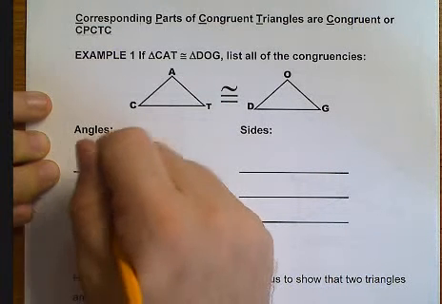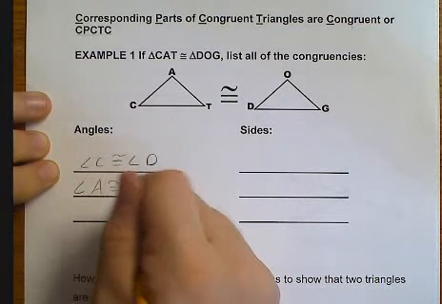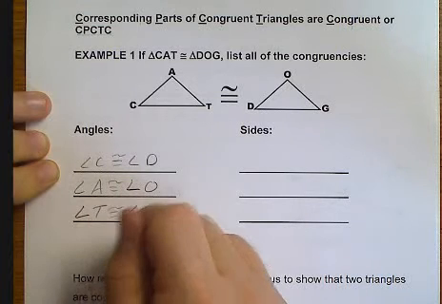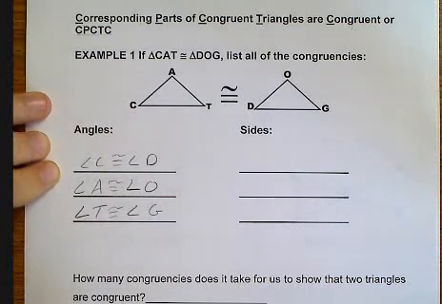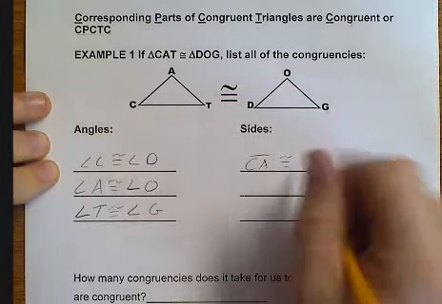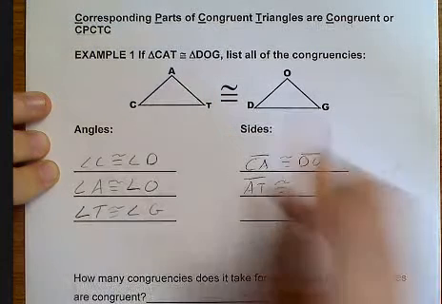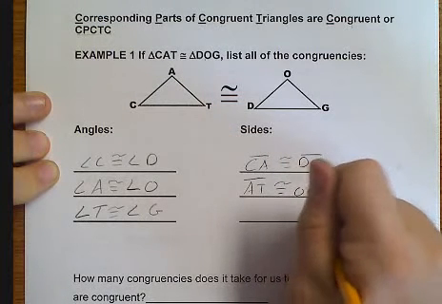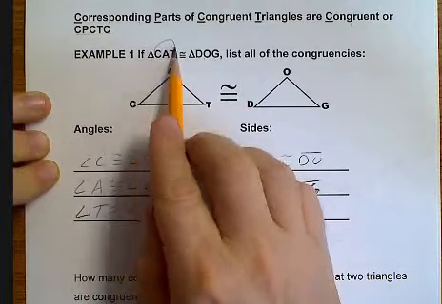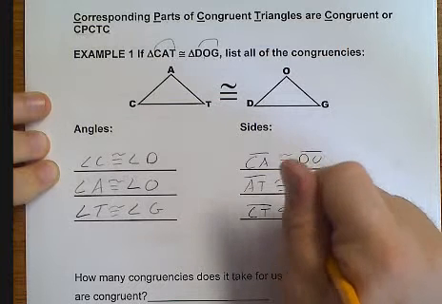That means that angle C is congruent with angle D, angle A with angle O, and angle T with angle G. And sides, well, CA would be congruent to DO, AT would be congruent with OG, and CT would be congruent with DG.